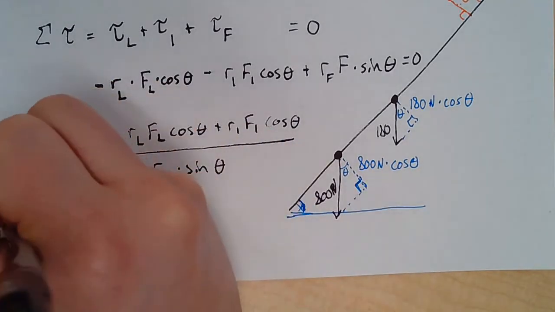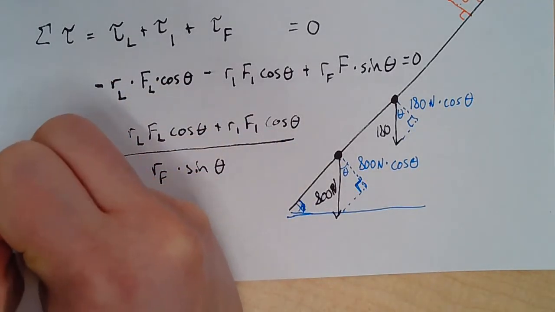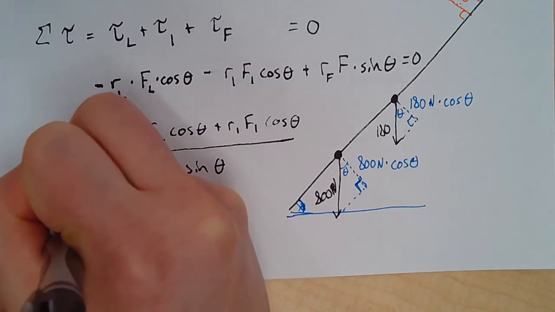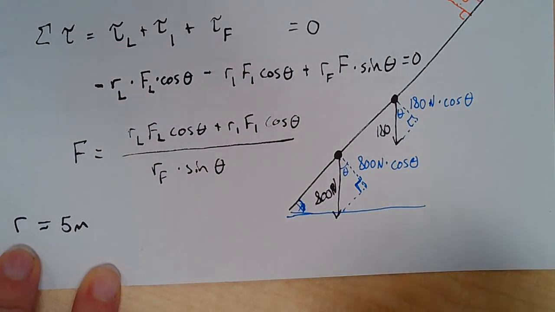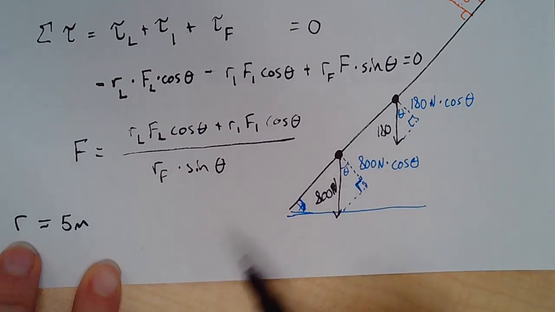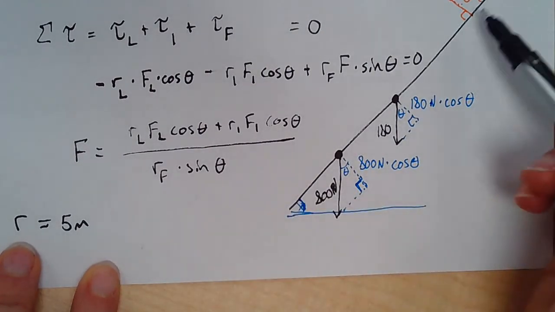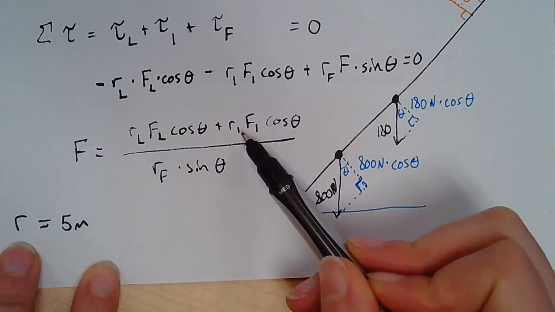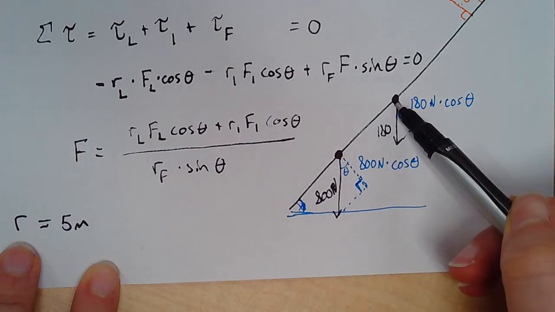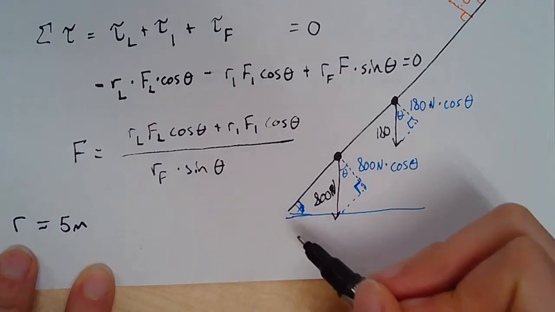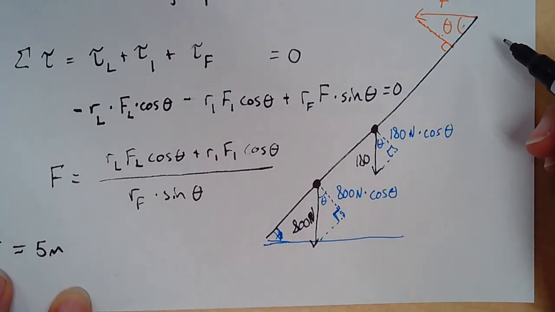What they tell us is the radius of the entire ladder is 5 meters. And so they tell you Lancelot is 5/3 of the ladder. Sorry, his radius is going to be 5/3 because it's 5 meters and he's a third of the way up. The radius of the ladder, because we put the center of mass right in the middle, that's halfway there, so 5/2. And the radius of the force is the entire 5 meters to the top.